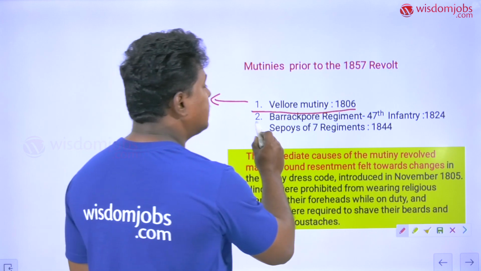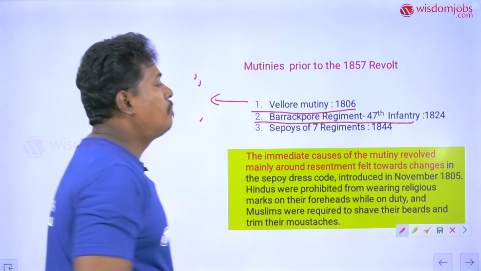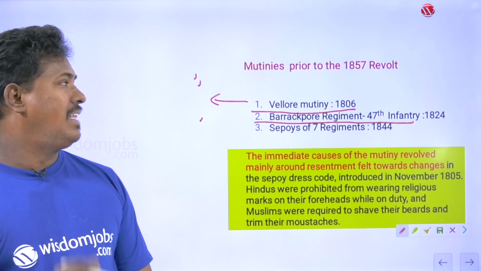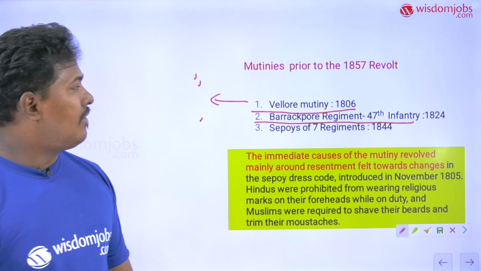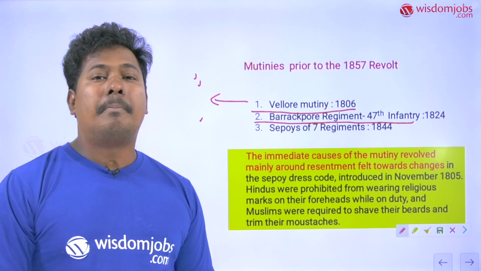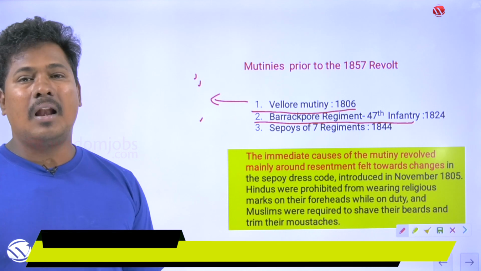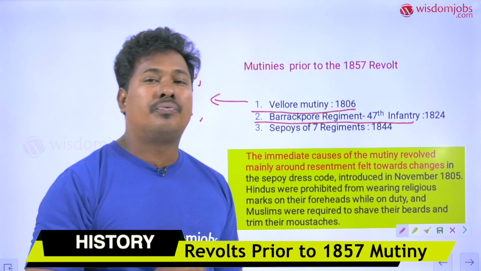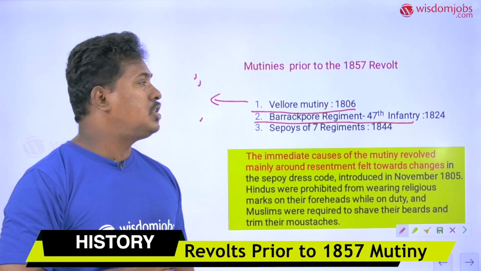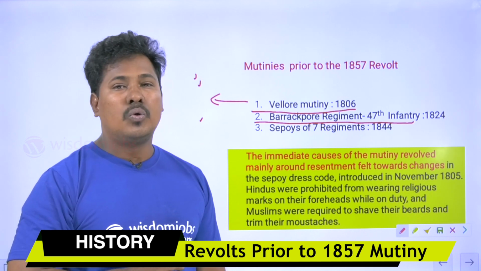Next, Barakpur. The second was the Barakpur Regiment, 47th Infantry, Bengal. The Barakpur Regiment fought against the British soldiers in the year 1824.